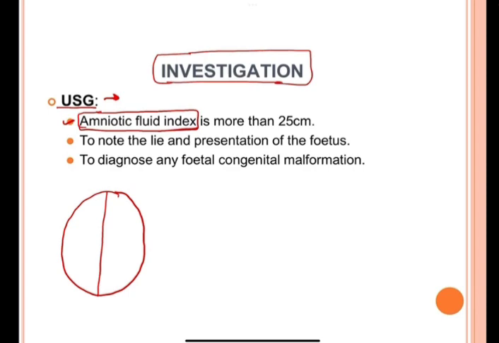4 compartments, and in each compartment we measure the deepest pocket of amniotic fluid with the help of ultrasonography. Like in this compartment we got the deepest pocket 4 centimeter, suppose here we got 5 centimeter, here we got 8 centimeter, and in this compartment roughly 2 centimeter.